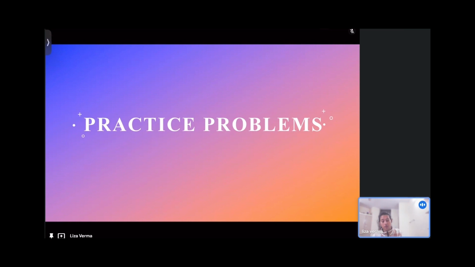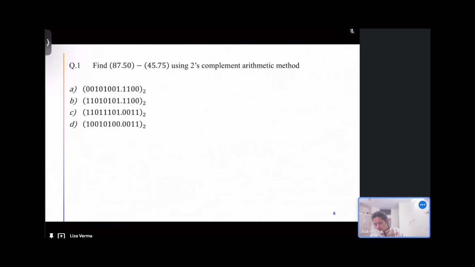Next we'll move on to the practice problems. Okay, so the first question is: find 87.50 minus 45.75 using 2's complement arithmetic method.